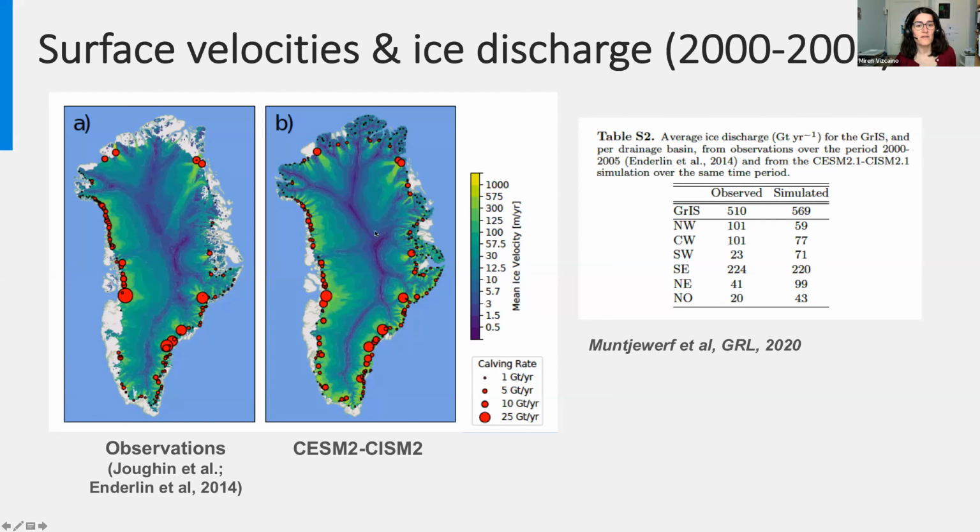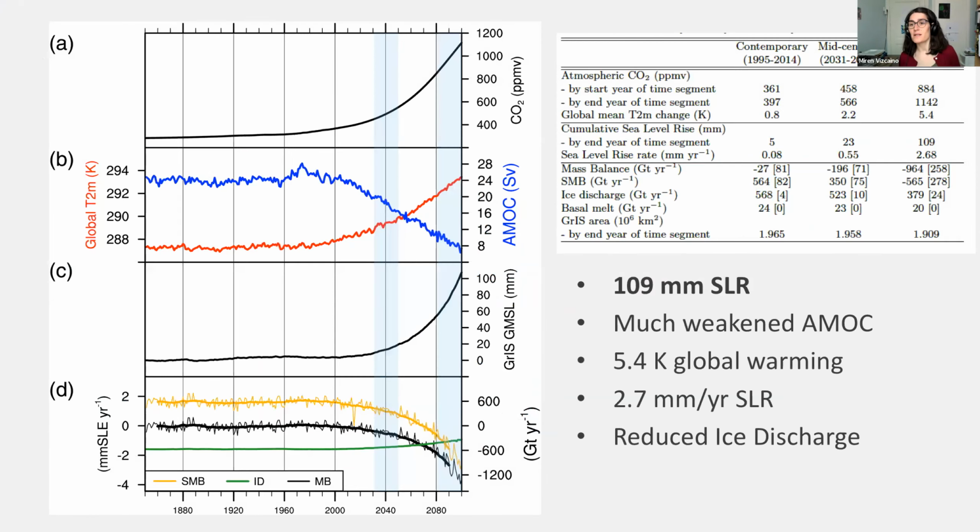This evaluation is in this GRL paper, and also the results are in this GRL publication. This is how CO2 is evolving in this scenario, and it is reaching more or less 4 times pre-industrial CO2 by the end. So somehow we can compare some things with the idealized 4 times CO2 that we saw before.